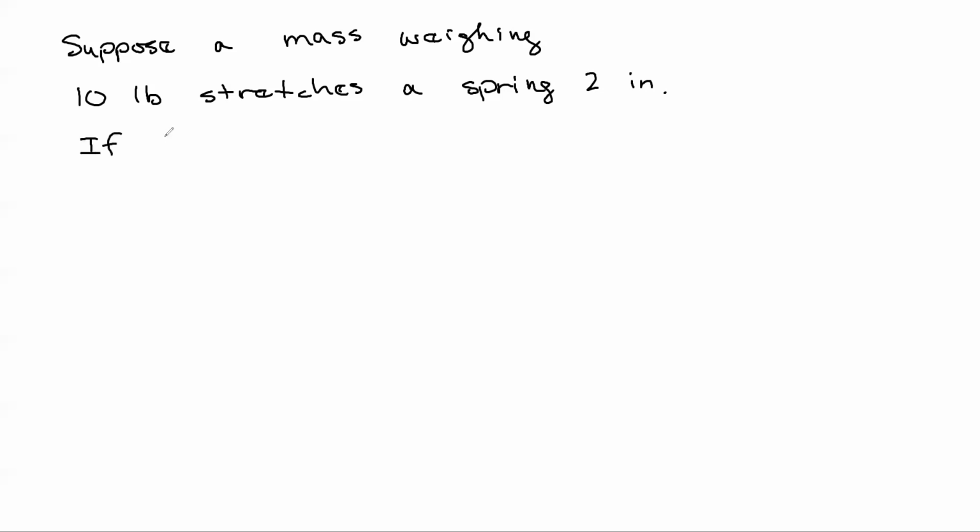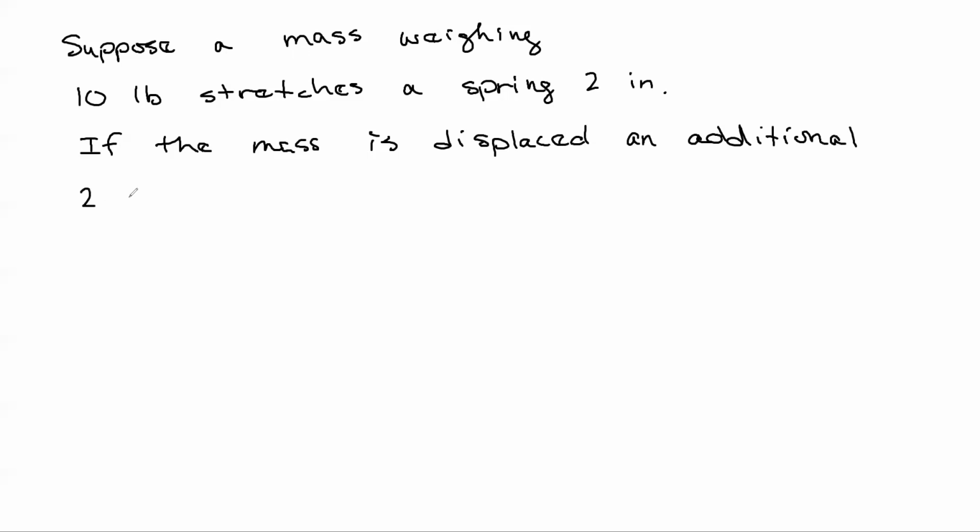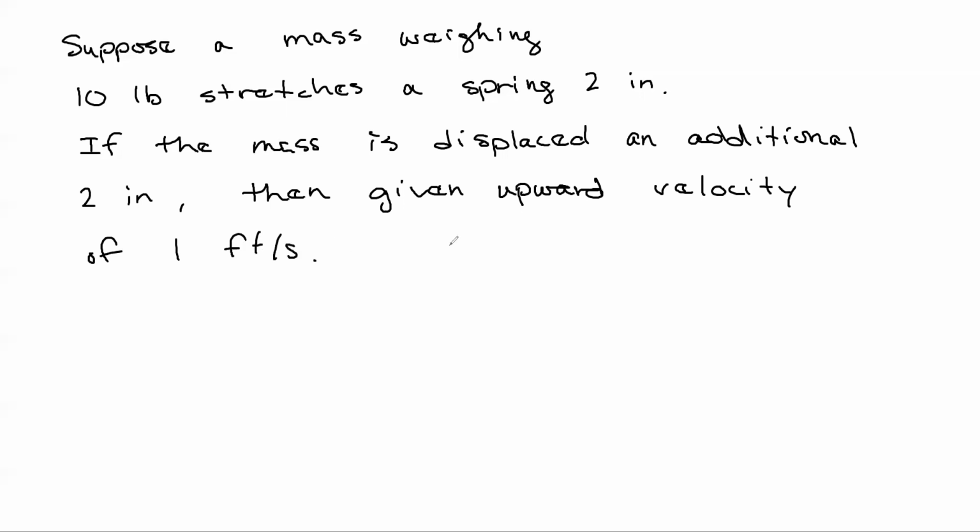If the mass is displaced an additional 2 inches, then given an upward velocity of 1 foot per second, find the position. In addition, find the period, amplitude, and the phase of motion.